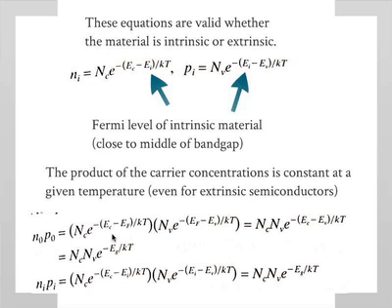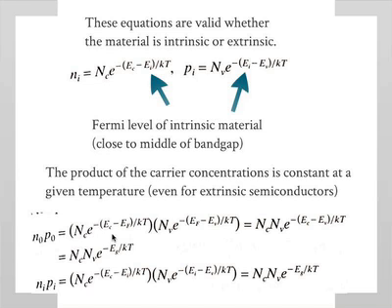The higher the band gap, the lower the concentrations, because it takes more energy for the electron to go from the valence band to the conduction band. The lower the band gap, the higher that concentration, because there's a higher probability that the electrons can go from the valence band to the conduction band.